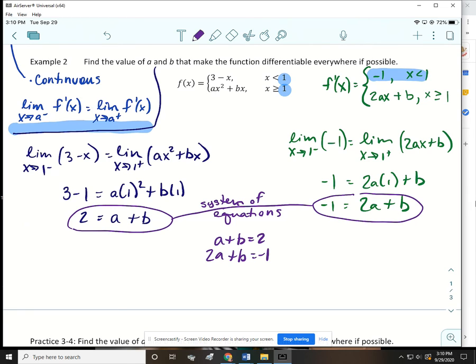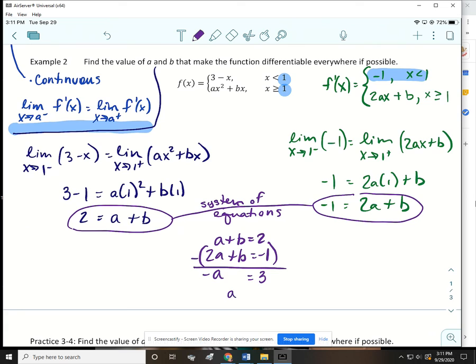All right, so then what I'm going to do to solve this is eliminate b by subtracting these equations. All right, so I have a minus 2a is negative a. B minus b is eliminated, that's 0. And then 2 minus negative 1, that's minus negative 1 is plus positive 1.